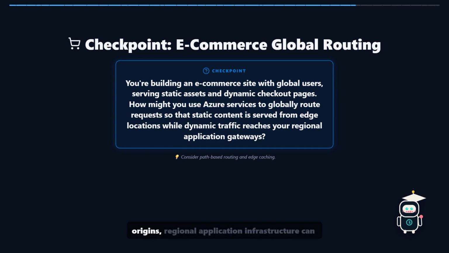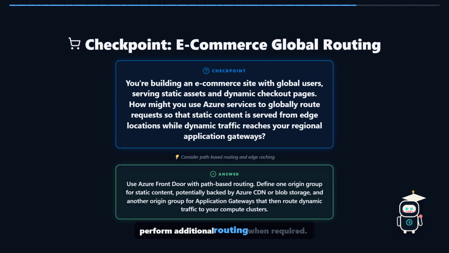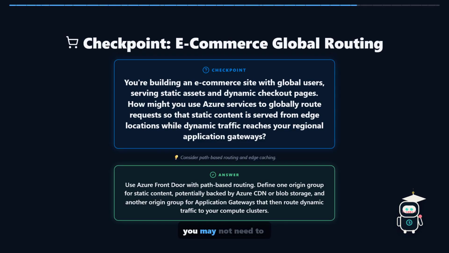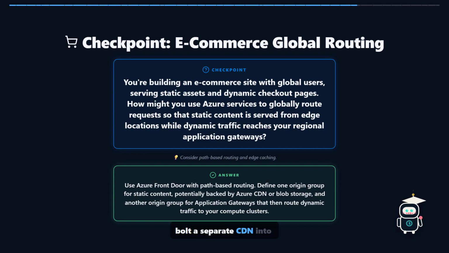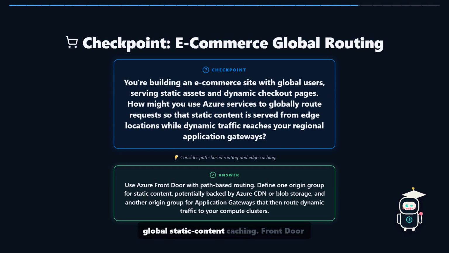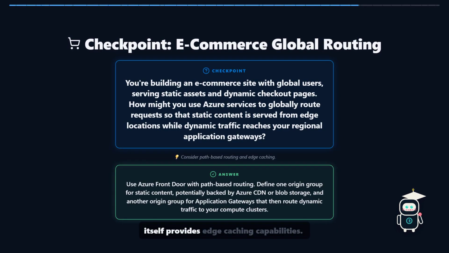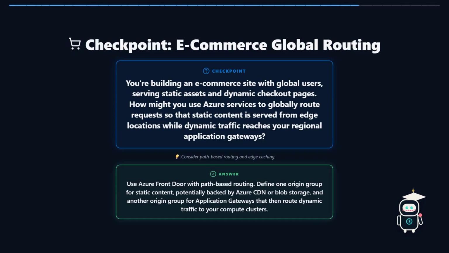Behind those origins, regional application infrastructure can perform additional routing when required. The important point is that you may not need to bolt a separate CDN into the architecture just to demonstrate global static content caching. Front Door itself provides edge caching capabilities.